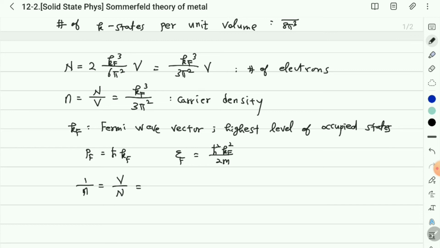This n, the carrier concentration or carrier density, represents the momentum, but in real space and momentum space there is a reciprocal relationship. Therefore, the reciprocal of n can be written as a volume in real space. Here, rs means the radius of the sphere.